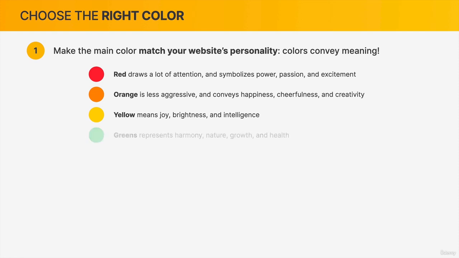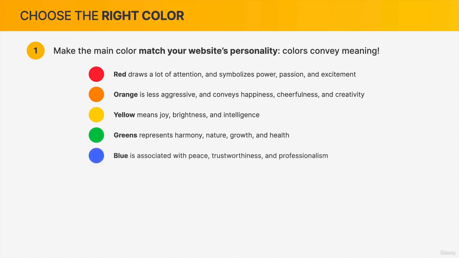Next up, we have green, which is my favorite one, and this one represents nature, growth, and health, and also harmony. Then we have blue, which is probably the most used color in web design, and there's a reason for that. And the reason is that we humans have a tendency of associating blue with peace, trustworthiness, and professionalism.